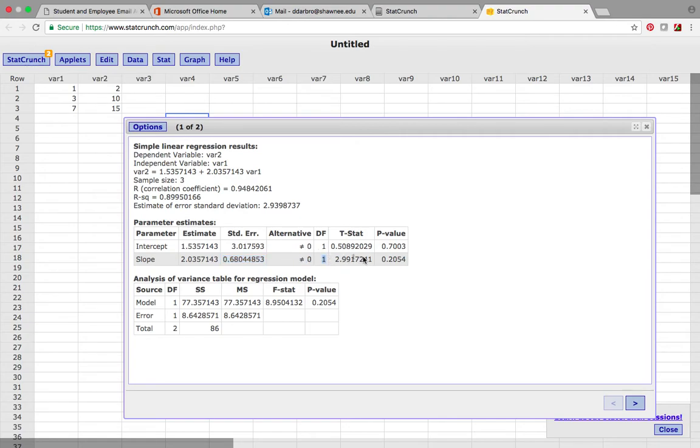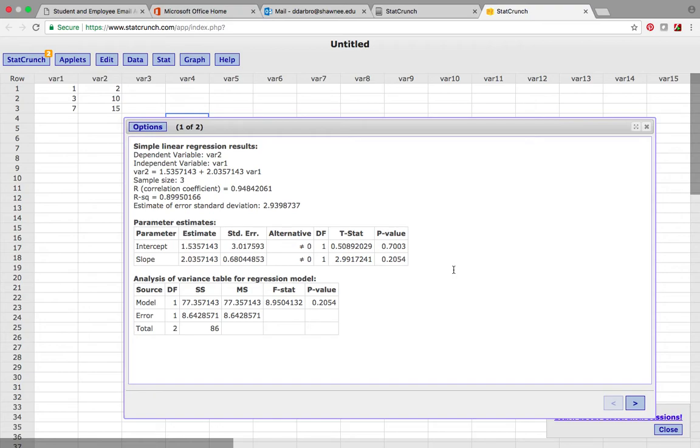You can see that our test statistic is 2.99 as we calculated. And our p-value, I have 0.206. This is 0.2054. Again, it uses the entire number in its calculation. I only used 2.99, so we're off a little bit, but still, the p-value is greater than 0.05.